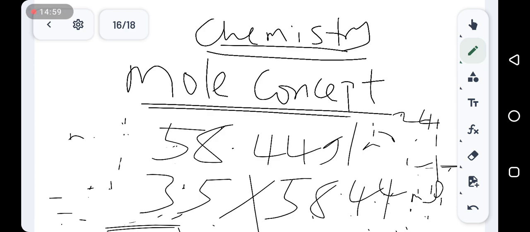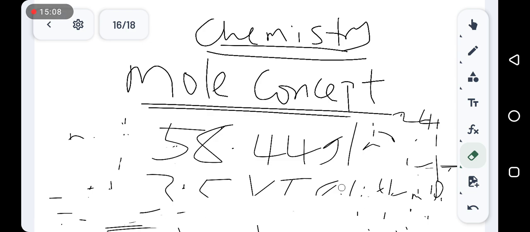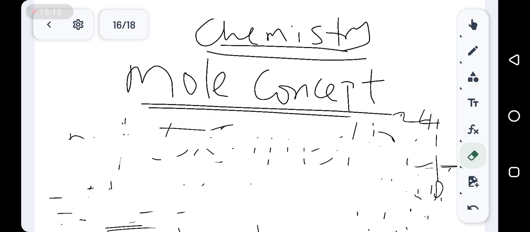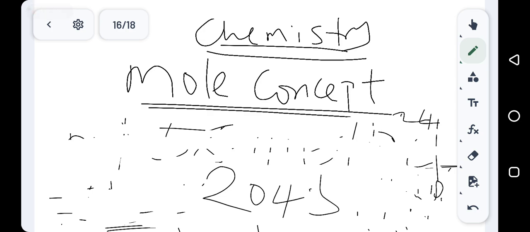Whatever this gives us is the answer. 3.5 times 58.44 will give us 204.54 grams. So this is the mass of the sodium chloride, which we calculated using the mole that is given to us.